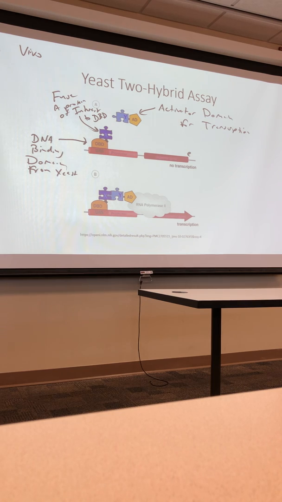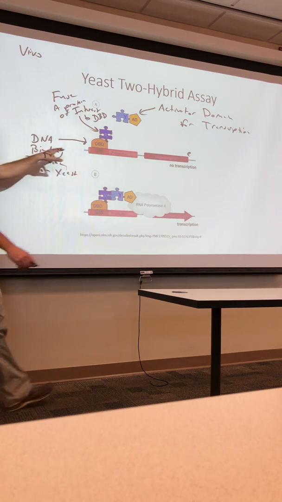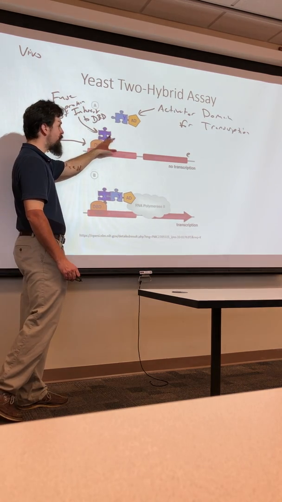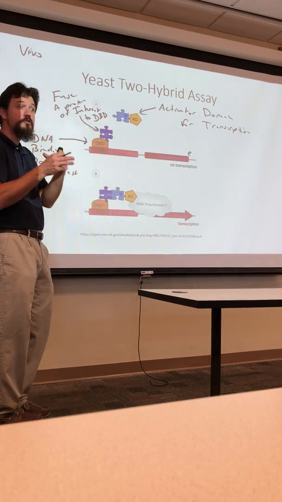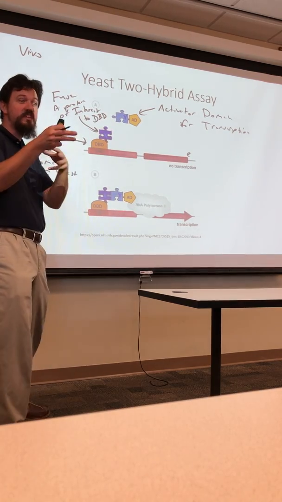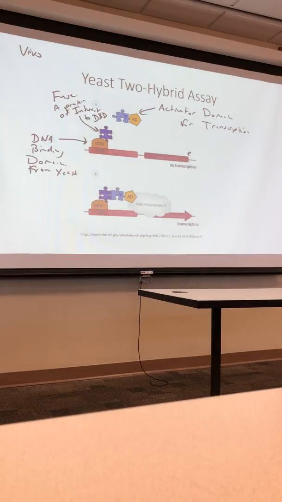We took a gene for this DNA binding domain, and we fused a gene for this target protein that we want to understand: does it interact? What does it interact with? This is our question: who does X interact with?